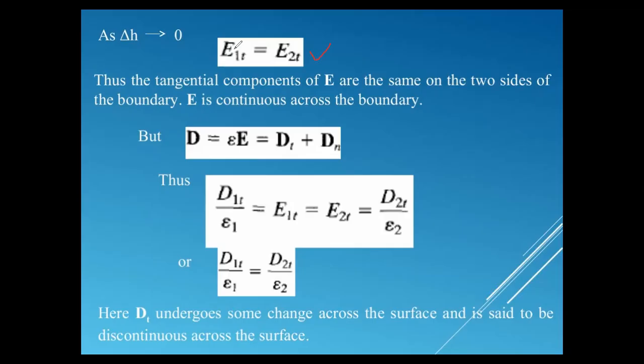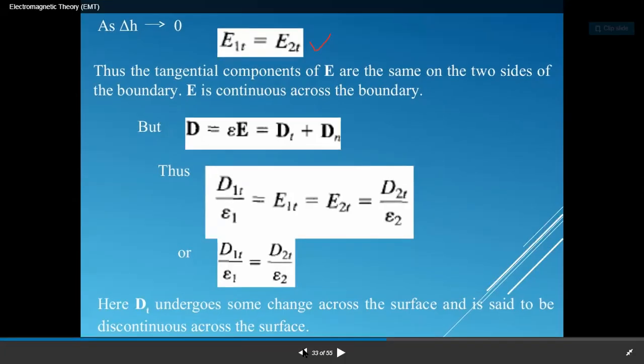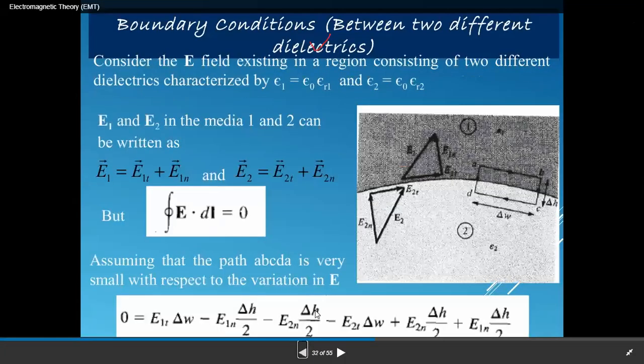Are you getting my point? Here, without asking you, I will repeat once again, because this is a key point which students mostly miss. If you recall the figure, I will go back to the previous slides. We are discussing one of the very important topics.